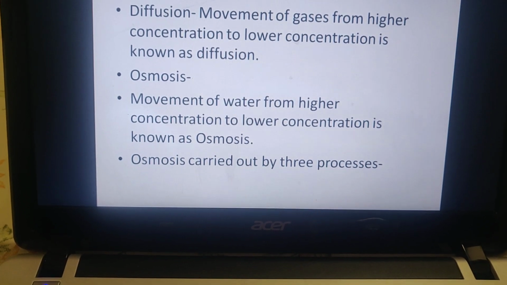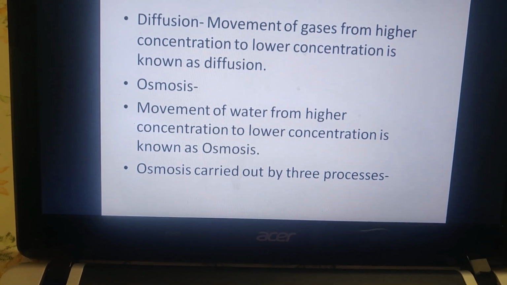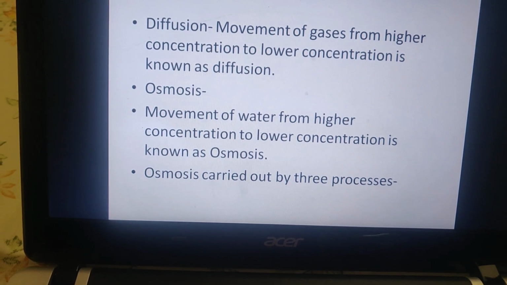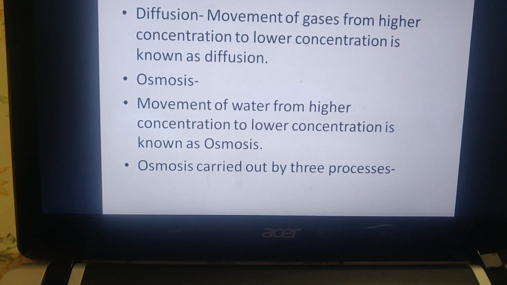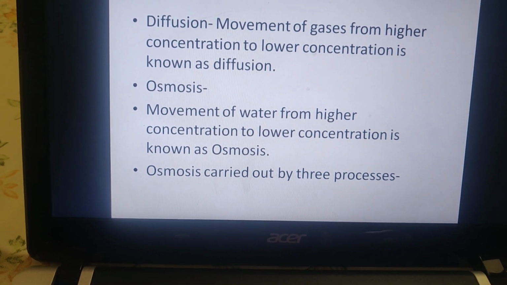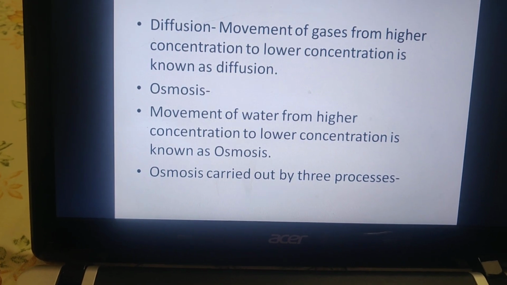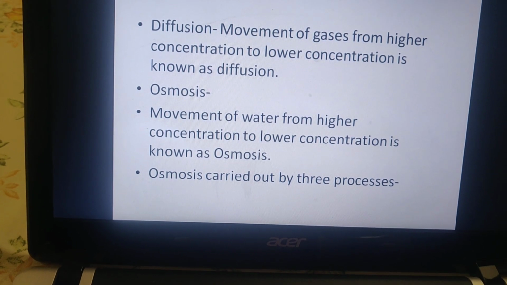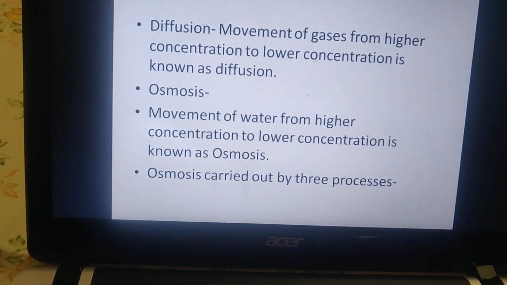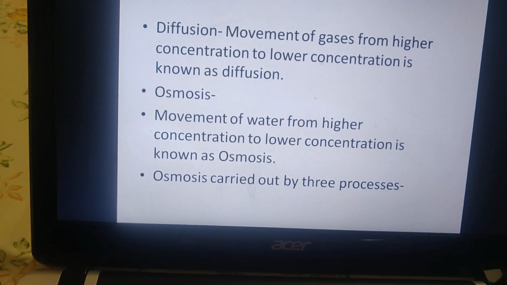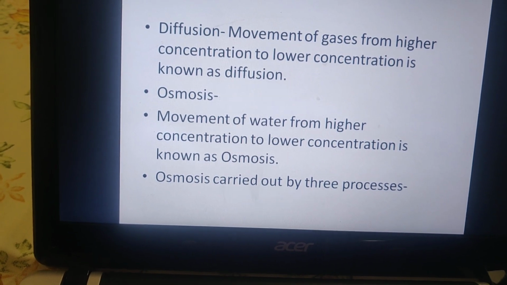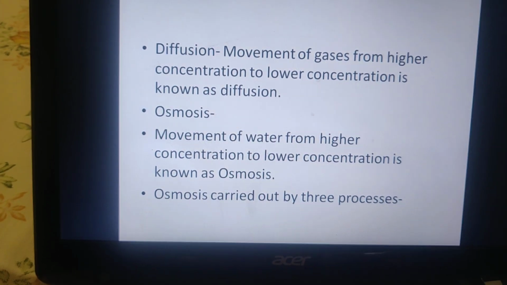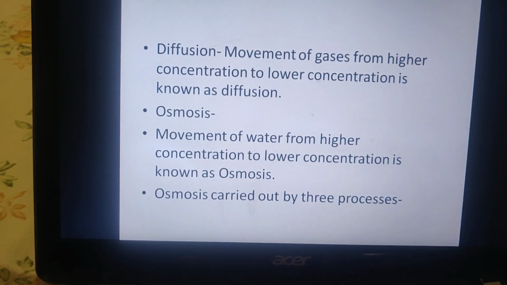Now children, this diffusion process takes place in our body also. A simple example: during respiration in the cell, the gas that comes out is CO2. This CO2 is a cellular waste, and it is required to be excreted out by the cell. The concentration of CO2 in the cell is higher, and when you compare it with the blood, the concentration of CO2 is less.